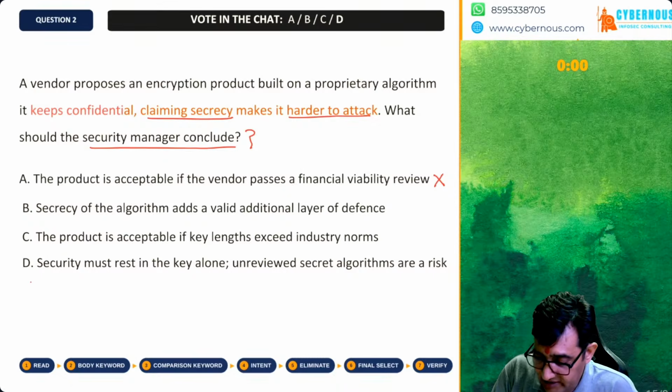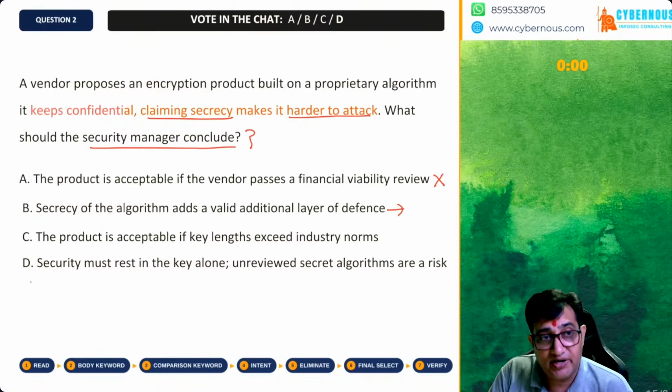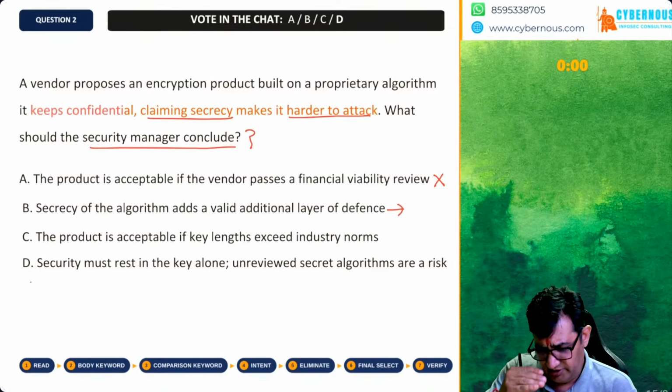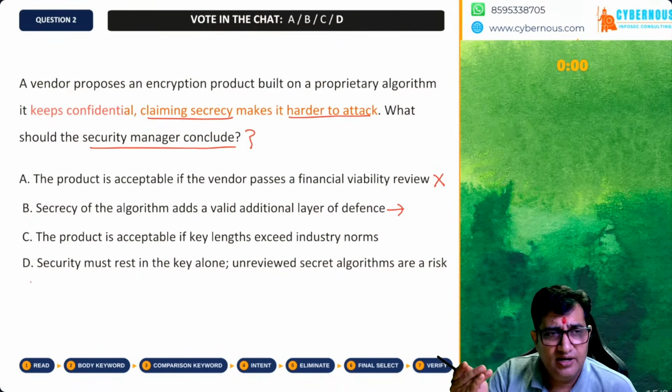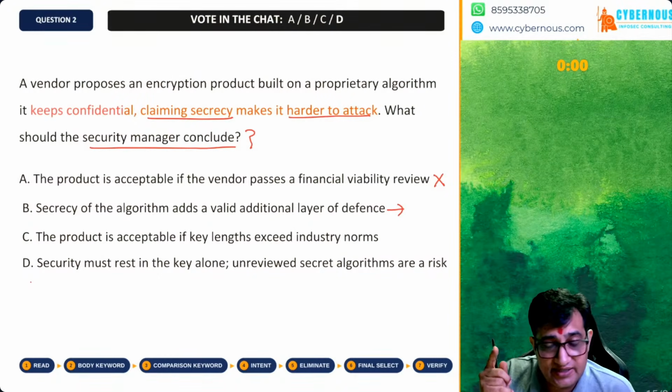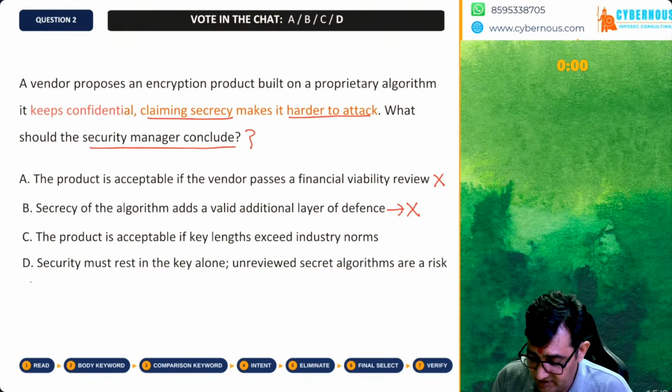Next, secrecy of the algorithm adds a valid additional layer of defense. Definitely it makes sense, but as per Kerckhoffs's principle, the secrecy of the algorithm is not important. You can even use a public algorithm, but what is important is key secrecy. So I think this concept doesn't fit our cryptographic thinking.